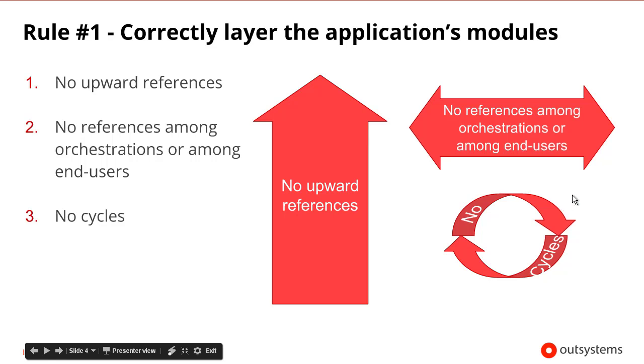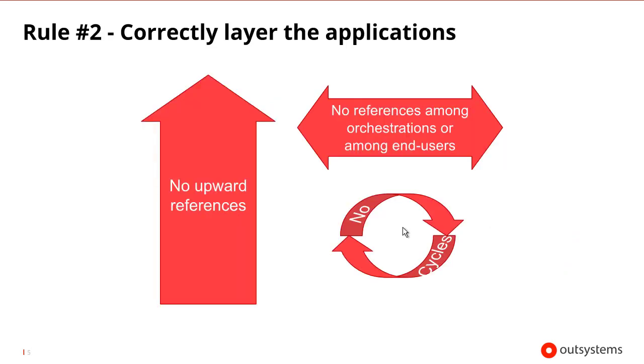This is the same guidance that we covered in the first course and is the best practice for correctly designing applications. The second rule is correctly layering the applications according to those exact same principles of no upward references, no references in orchestration or end user applications, and no cycles among applications.